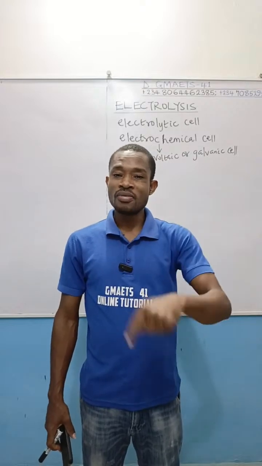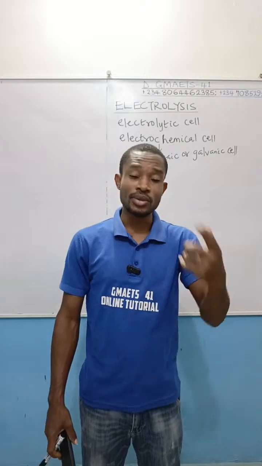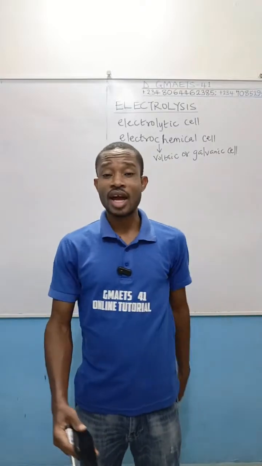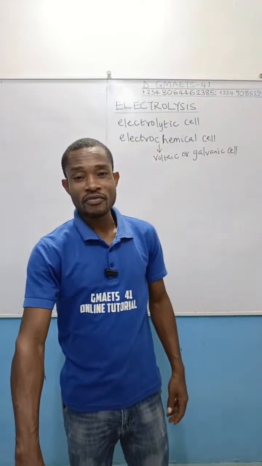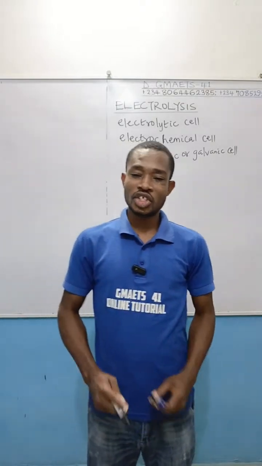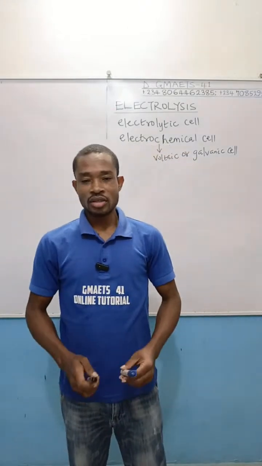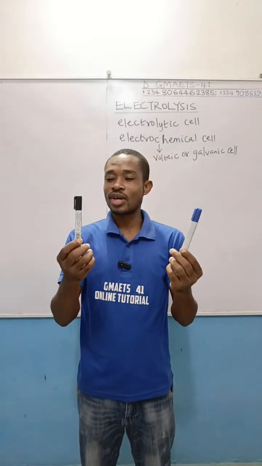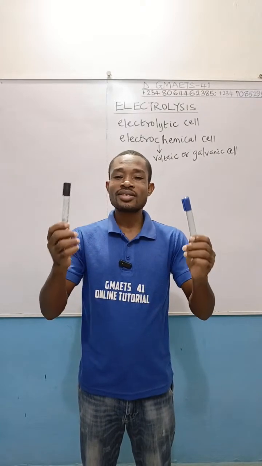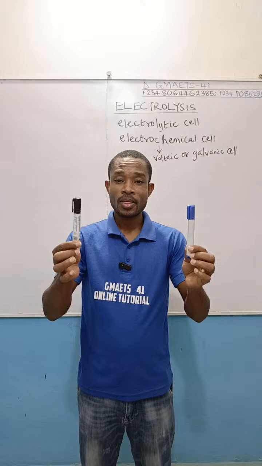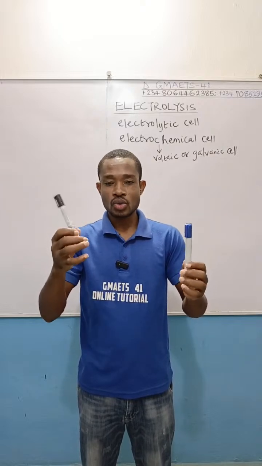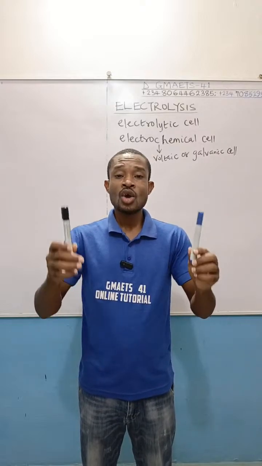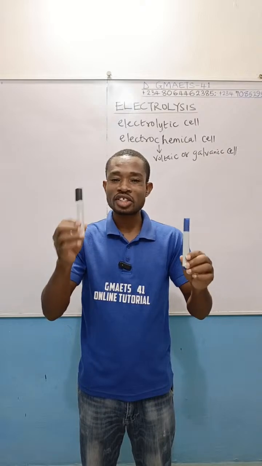The relative amount of the substances that will be produced if you pass the same quantity of electricity through these different electrolytes, the moles produced, will be inversely proportional to the charge on the ion of that metal, right? Let us assume that these two are two different solutions and you pass the same quantity of electricity through them. The relative number of moles of this black marker that will be deposited, the relative number of moles of this blue marker that will be deposited, will be inversely proportional to their charges.